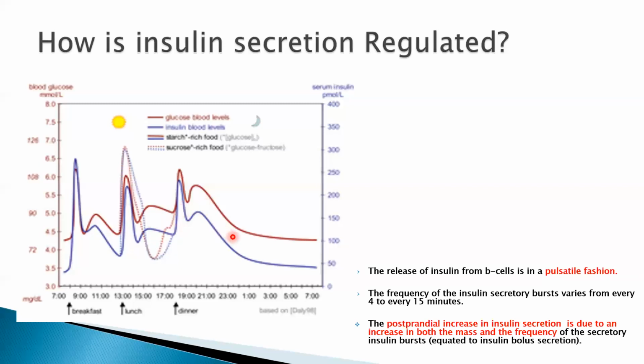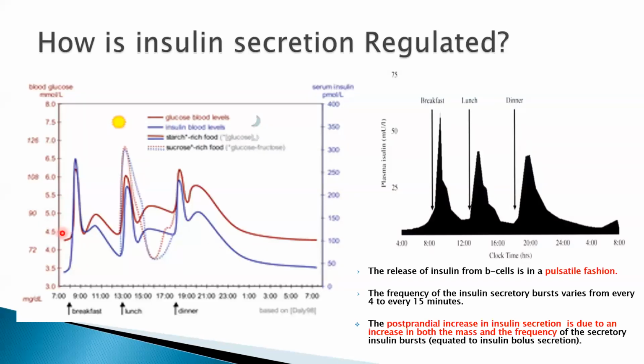But there is also the basal form of insulin that is always available, released into the body whether the person is fasting, sleeping at night, or has eaten. It is very important in growth and development and normal functioning of the cells.